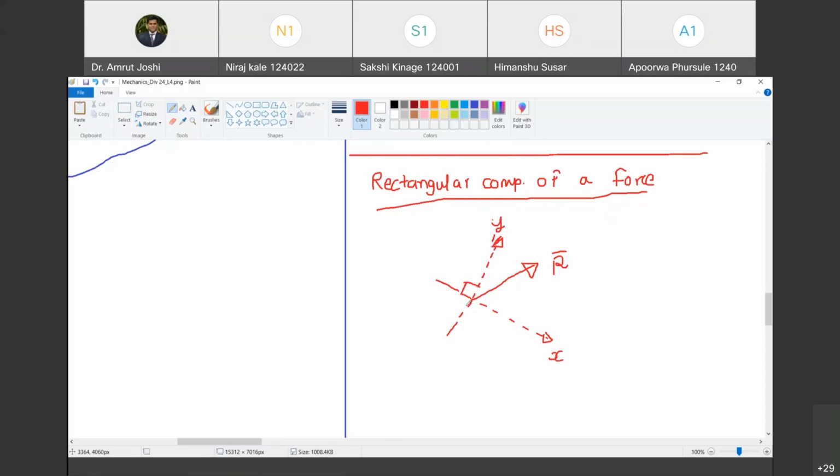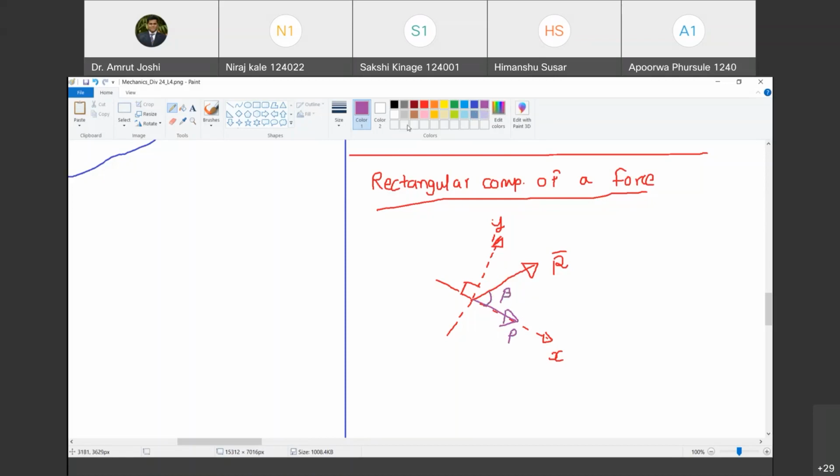And now I am asking myself a question. How do I resolve these components along these two orthogonal directions such that their addition is R bar? Let me call this component as P. What is the angle made by this P with reference to R bar? In our standard notation, we have called it as beta.